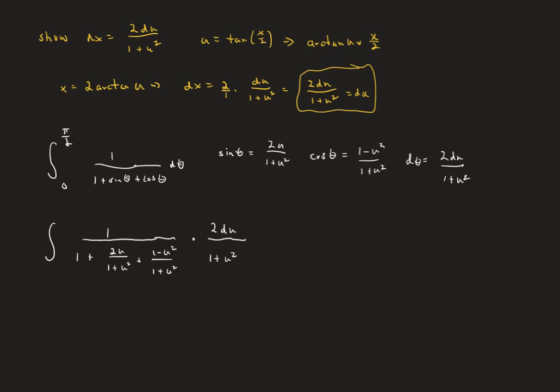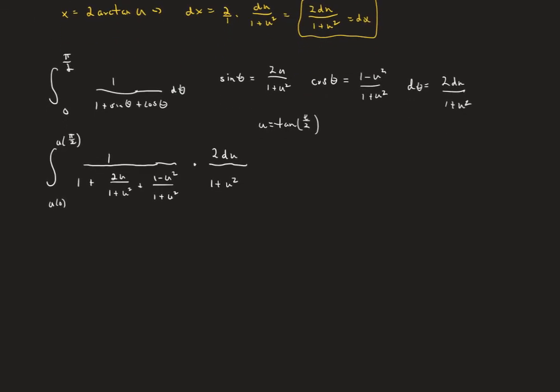And do we dare change our limits to u limits as well? Remember what we said is that u is the tangent of x over 2. So we're going to make these be u of 0 and u of pi over 2. Okay, let's do some serious cleanup here. I'm going to slide this up a little bit.